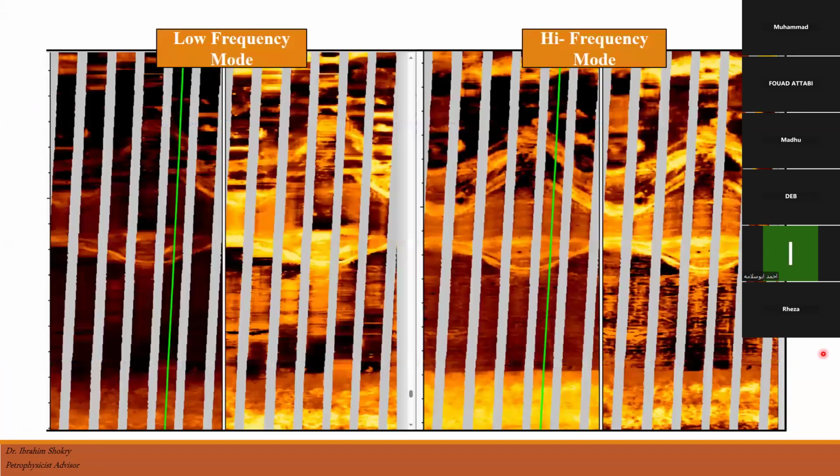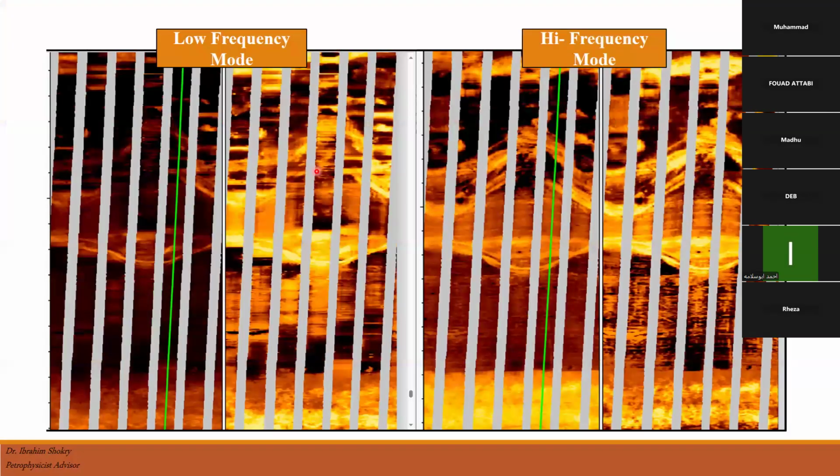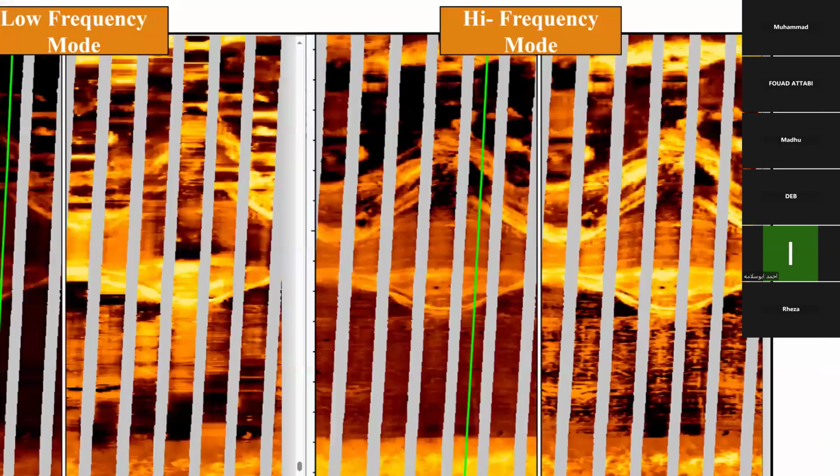So this is another example to show the differentiation between low frequency mode and high frequency mode. As we can see here, this is the same interval. It was recorded with low frequency mode, and we can see there is no feature or illumination in this static image, while in high frequency mode there is illumination.